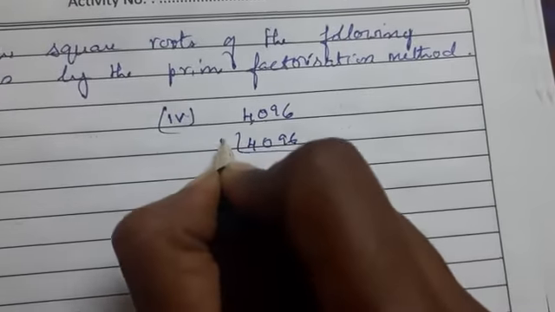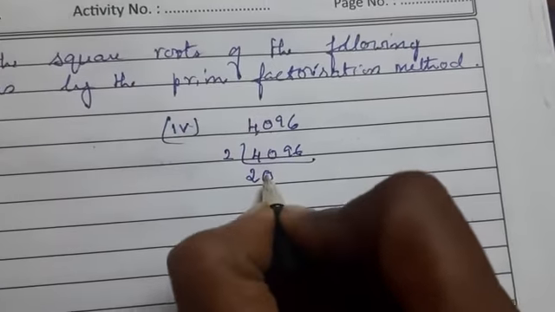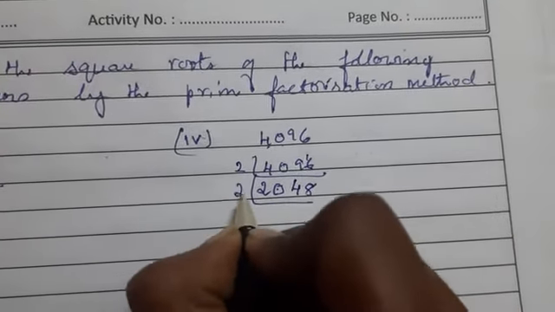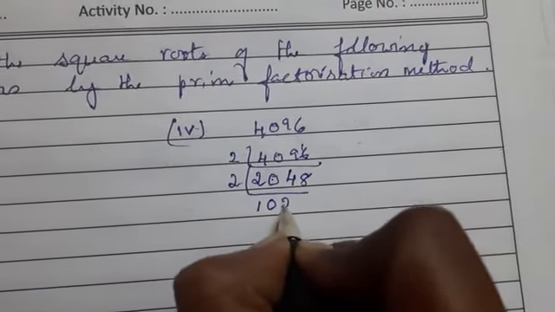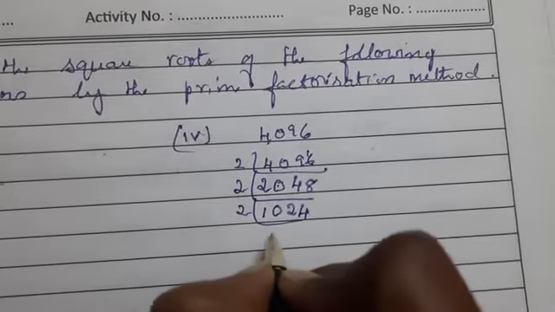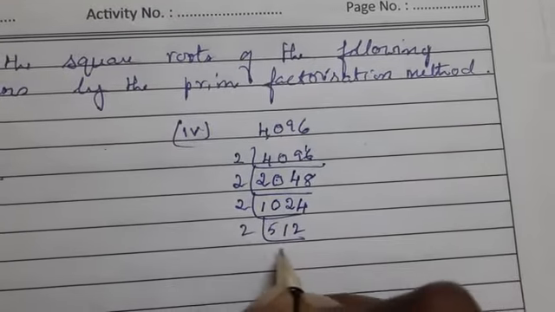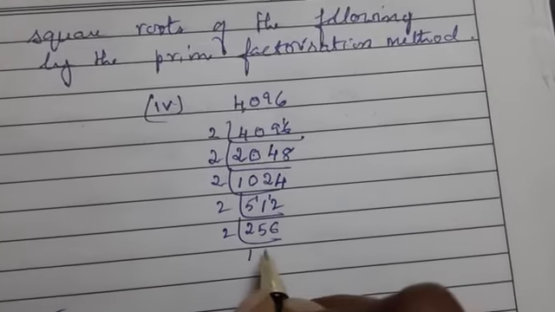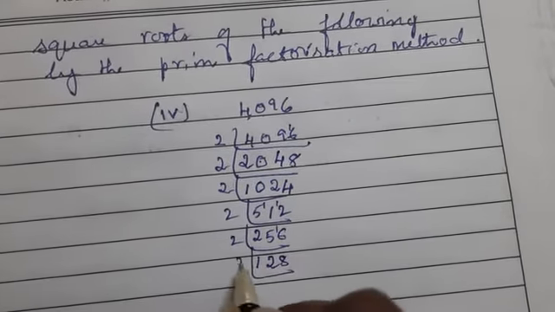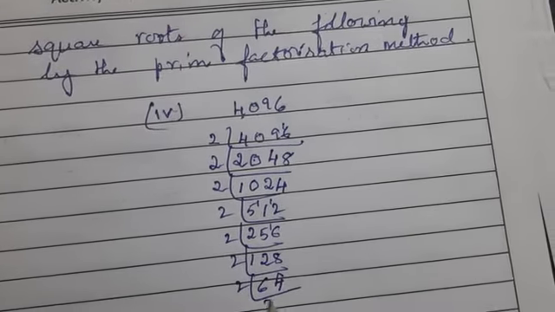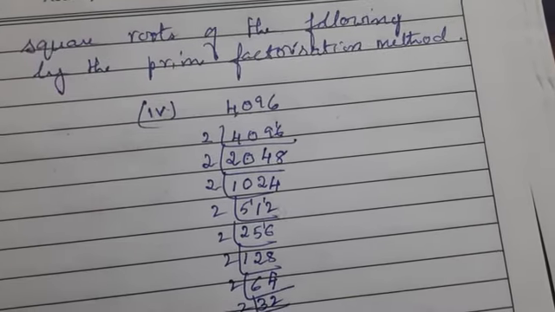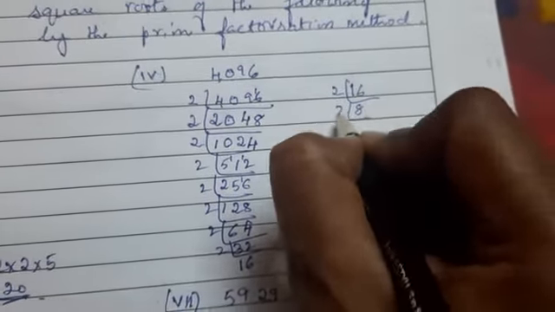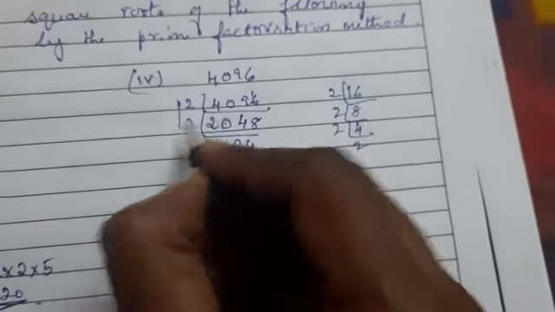When you get even numbers, start with 2 itself. 2 2s are 4, take the 0 as it is. 2 4s are 8, 2 8s are 16, 2 1s are 2, and so on, dividing by 2 repeatedly. Then group 2 2s.